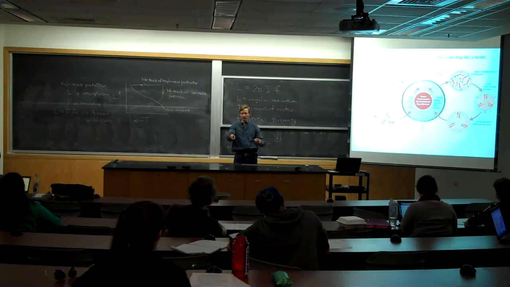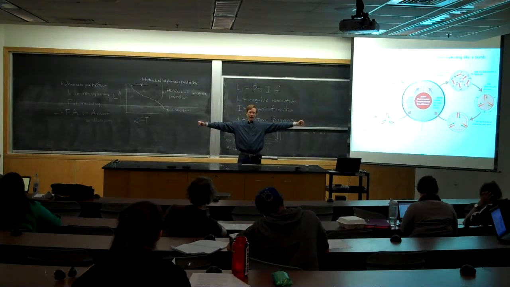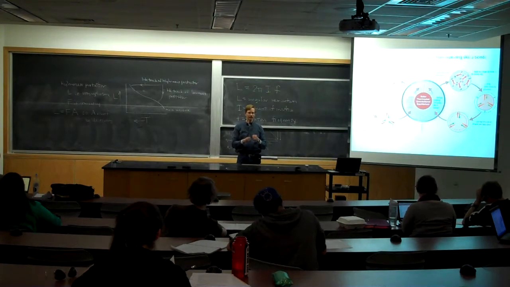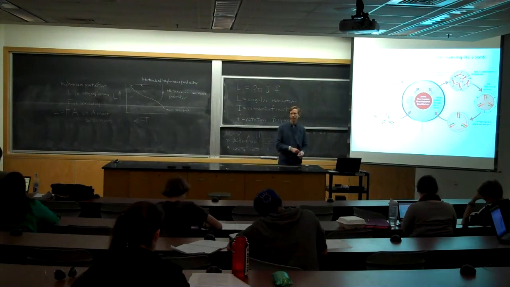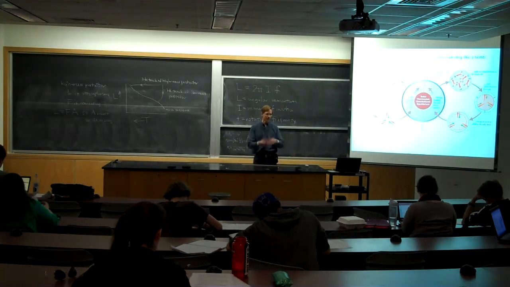So what I was doing is similar to what the cloud does. As the cloud shrinks, its I goes down, but its L, its angular momentum, stays the same. So how fast it's rotating has to go up. And that's what makes the disk form, and so forth.